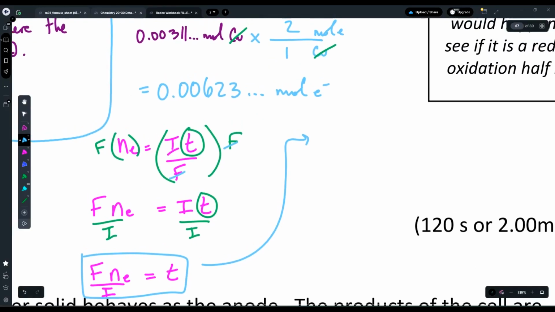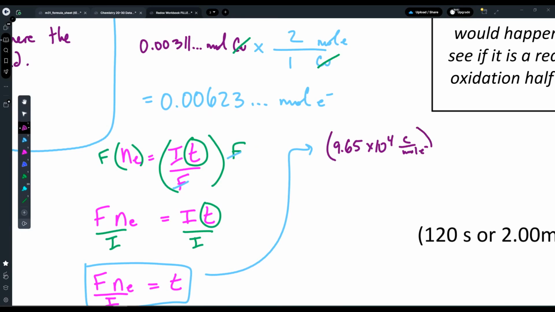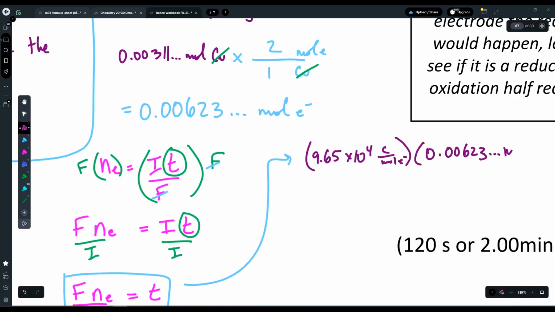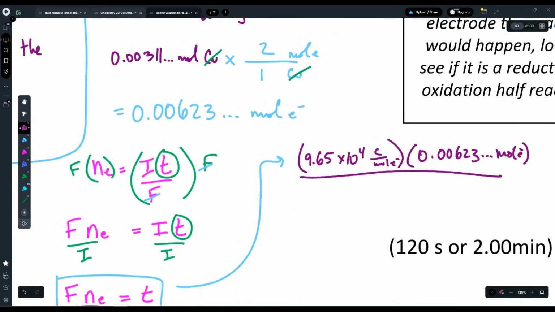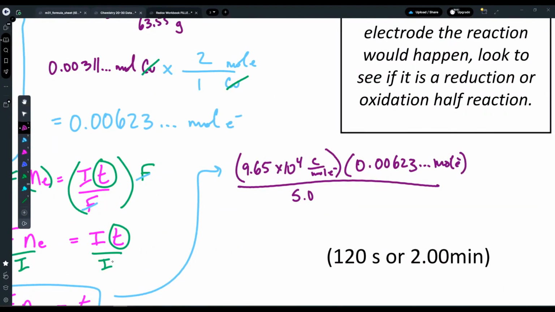Okay, so I'm going to plug in my numbers. Faraday's constant, 9.65 times 10 to the power of 4, and that's going to be coulombs per mole of electron, times our moles of electrons, so 0.00623 and so on, moles of electrons, divided by current, which was 5 amps, which is the same thing as saying 5 coulombs per second.